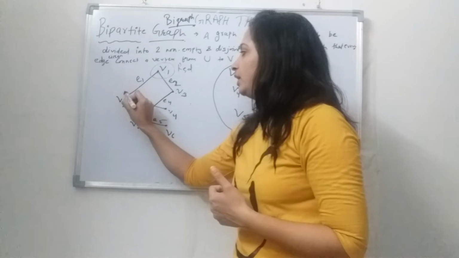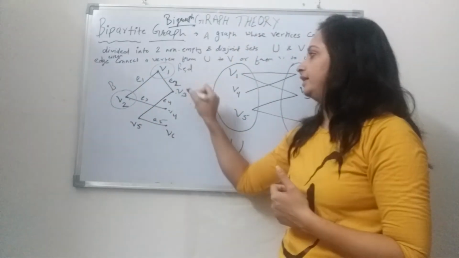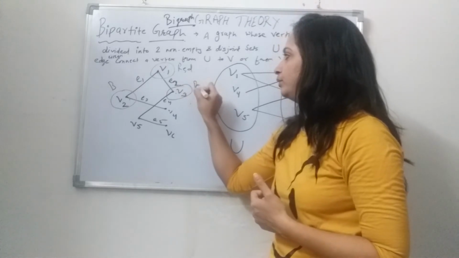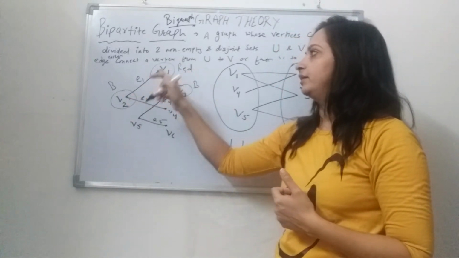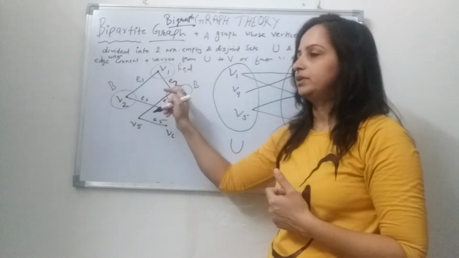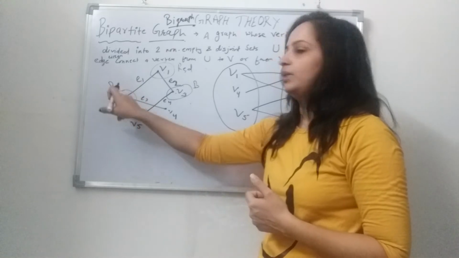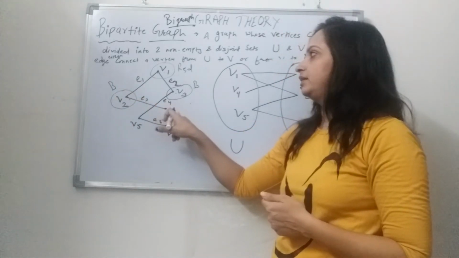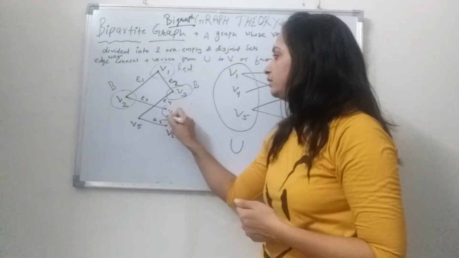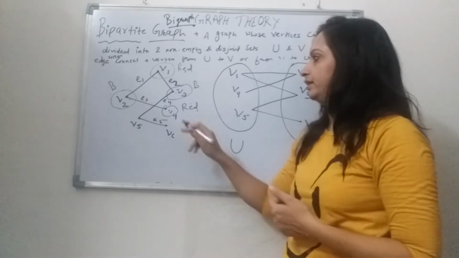So I color V2 as blue and I color V3 blue again, because these two are not adjacent. V1 is adjacent to both of them, so I cannot use red for both of them. I am using blue for both of them. Now I colored V2 blue, so I cannot color V4 with blue. So I am using red again, because red is not adjacent to V4 anyway.